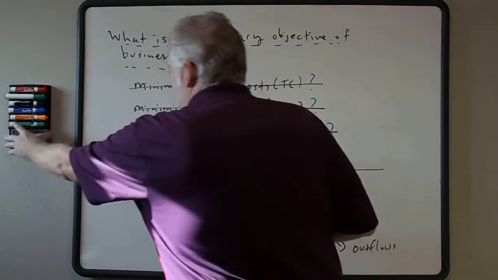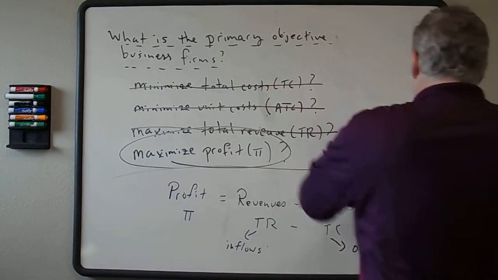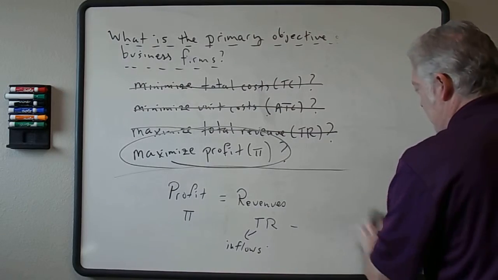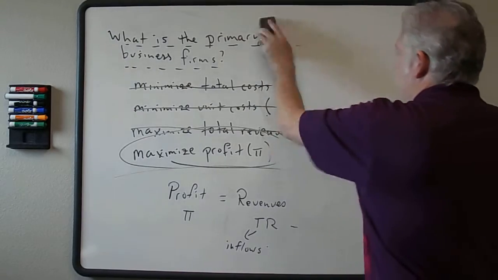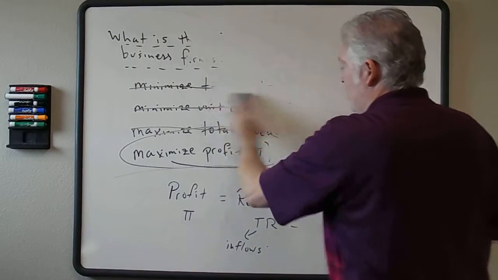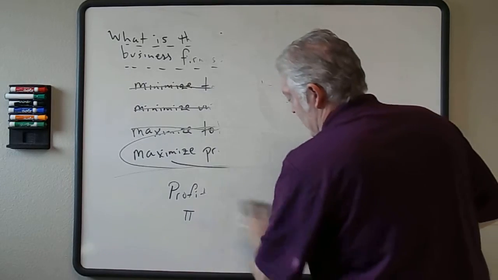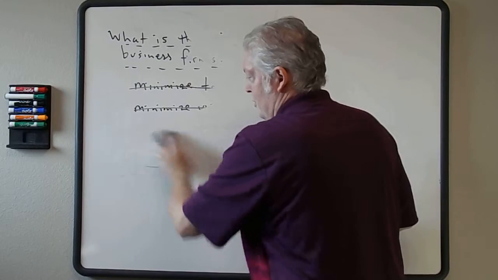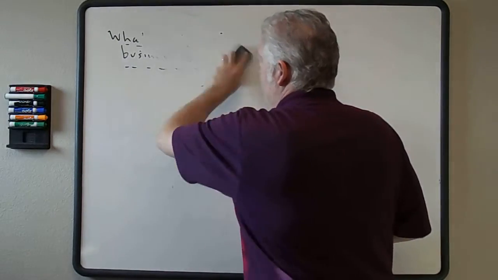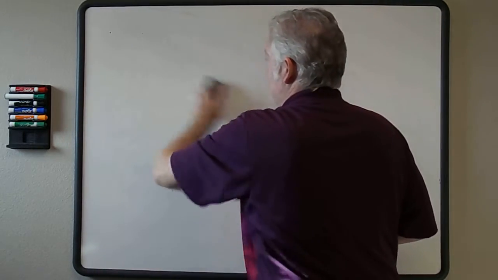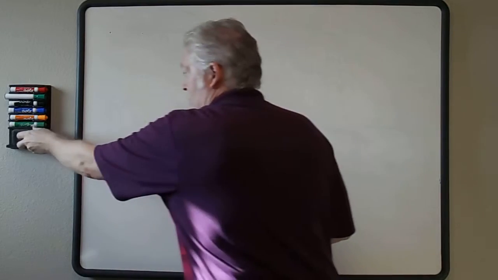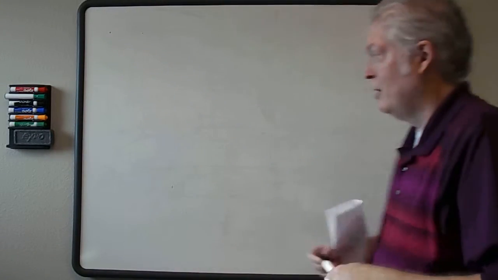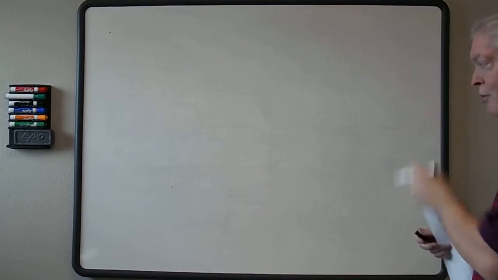The thing we should elaborate on is what kind of costs we are talking about. In the next few videos, we'll be talking a lot about the issue of cost. It comes up again and again, particularly in the economics of business firms. As you can well imagine, cost is an important issue. And even though minimizing cost is not the primary objective, it may be one of the strategies to achieve the primary objective, that is, to control costs.